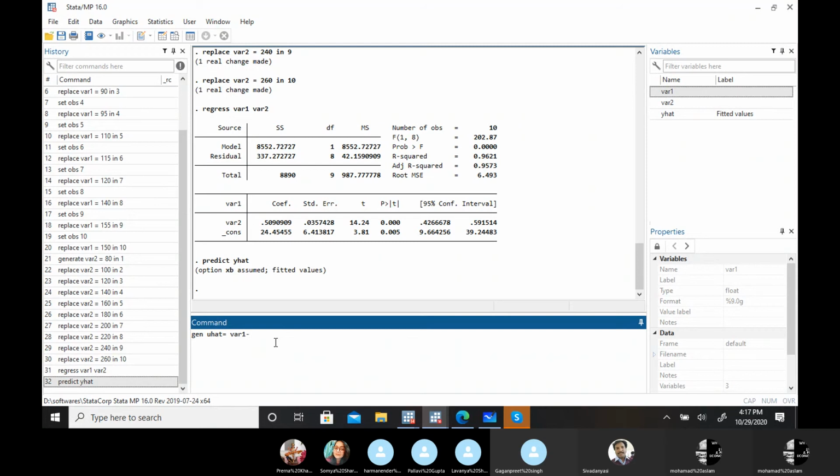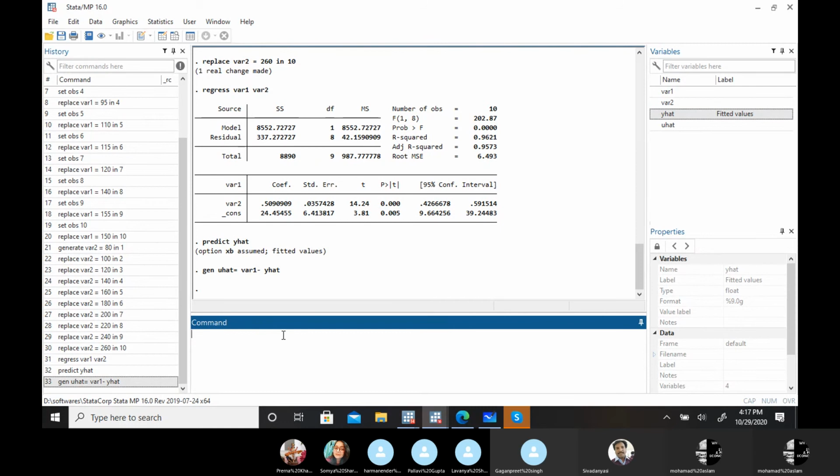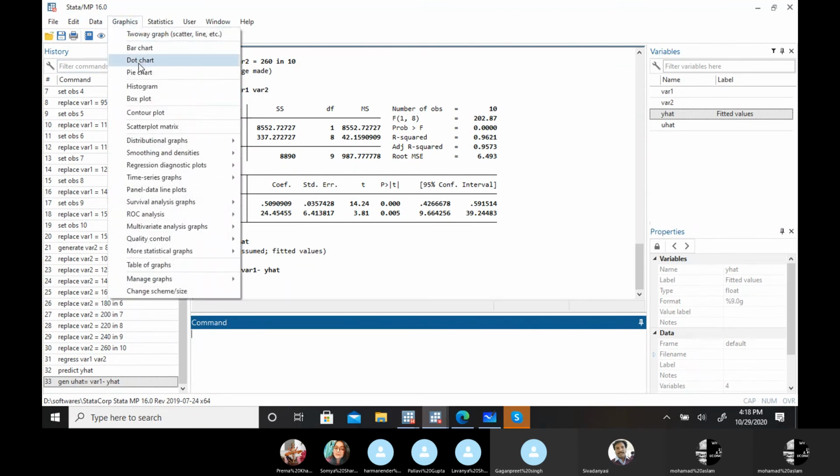If the variable names are just var1 and var2, or y and x, the first is the dependent variable and var2 is the independent variable. So u hat is y minus y hat; that is our residual term. We are saying there needs to be no correlation between the dependent variable and u hat.